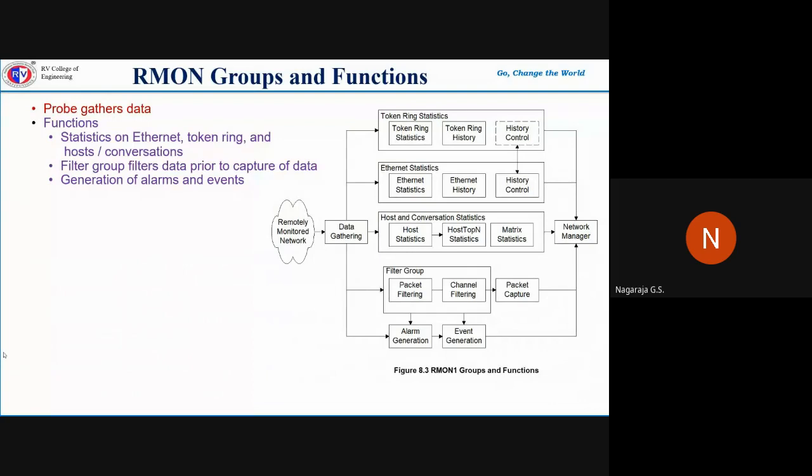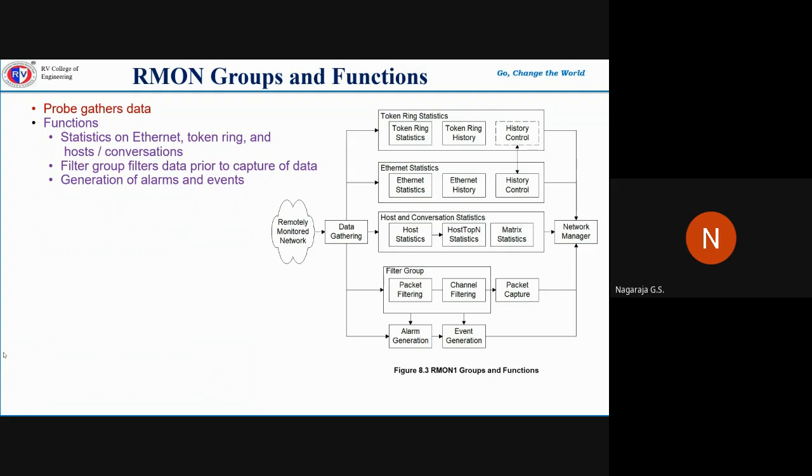Those details you are trying to get in the case of the host top n group. I'm just restricting that to only 10 hosts here, not many.